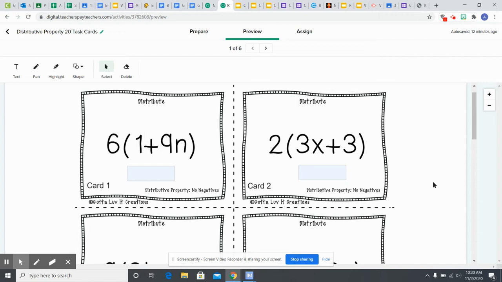Alright, so for this assignment, it's going to be 20 task cards over distributive property. You all just watched the video on Monday, November 2nd, on how to do distributive property.